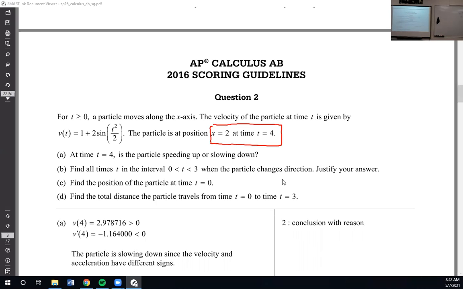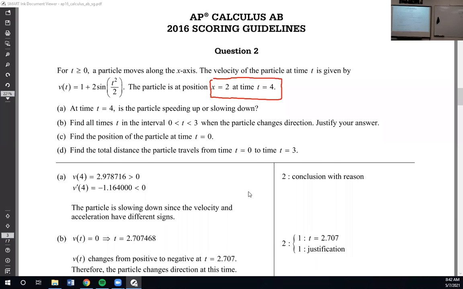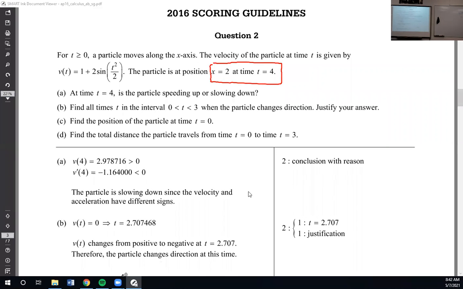Well, that's when velocity changes sign. Because then we change from moving left to moving right, or from moving right to moving left. So that happens at this decimal in the calculator. So velocity changes from positive to negative at that point. So the particle is changing direction. It's changing from moving to the right to moving to the left.